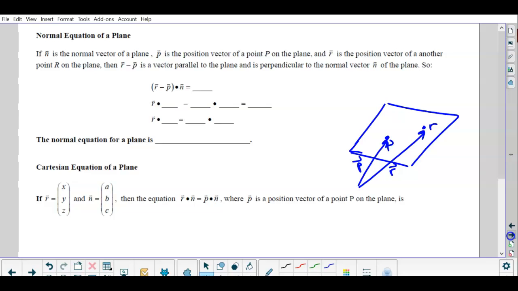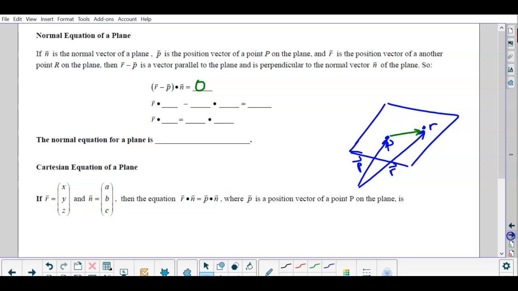And in this case, this is your general point, right? That gets you to X, Y, Z. All right, so the difference between those, this vector here, is a direction vector on your plane, okay? So R minus P, dot product with the normal vector coming out, we know it has to be 0, right? The normal vector has to be perpendicular to any vector on the plane.